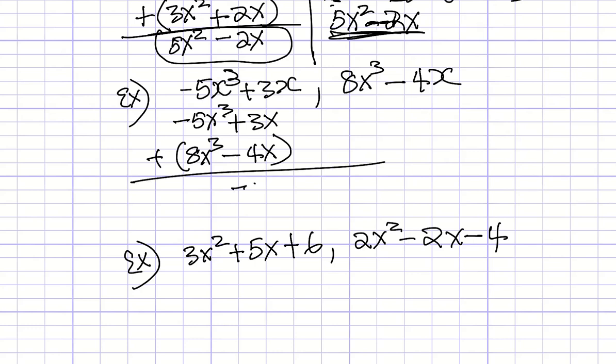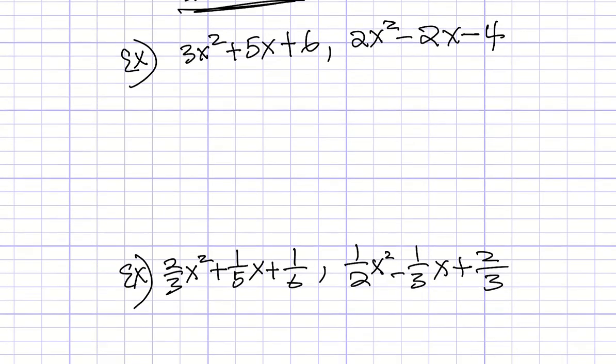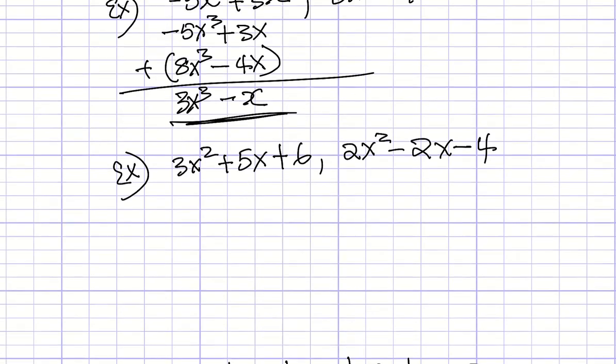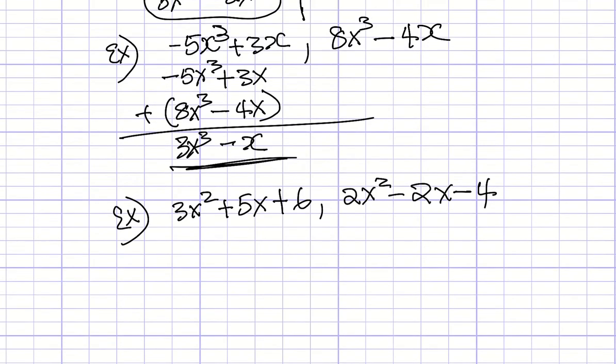Negative x, and then you get 3x raised to the power 3. See, you're done. So let's do the next one. I hope you see what we're doing. I'm just rushing, but we did it right. So let's move on to the next one.